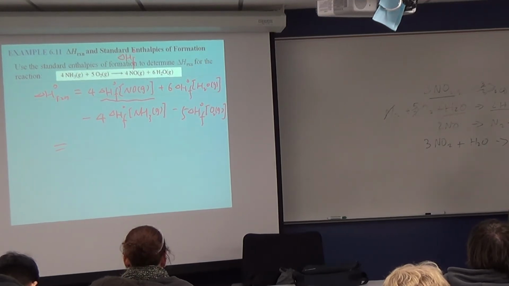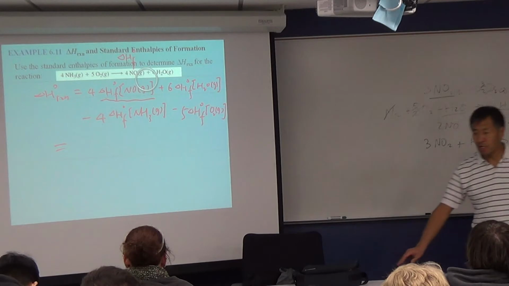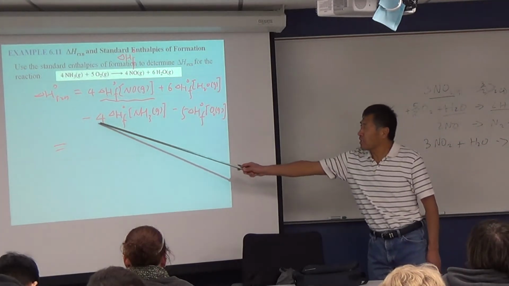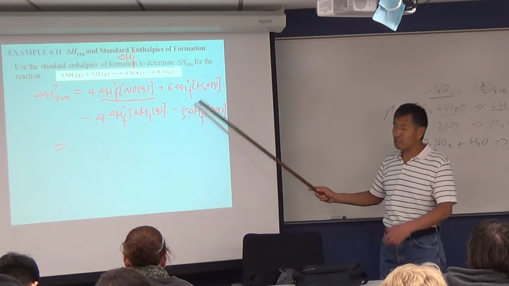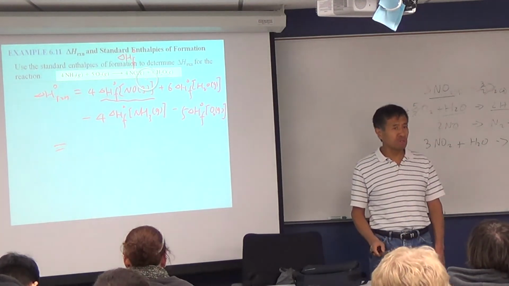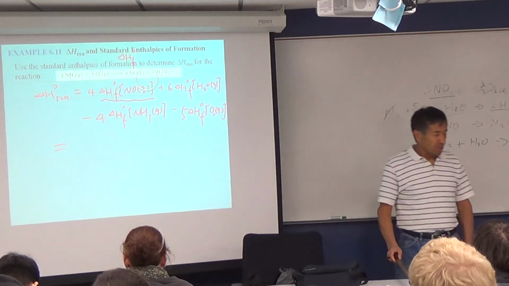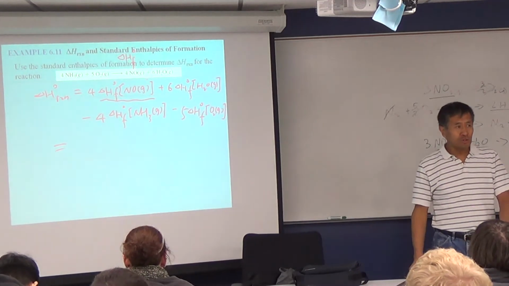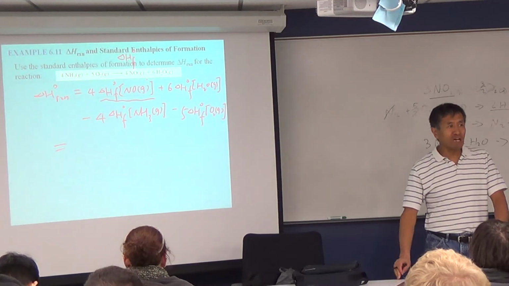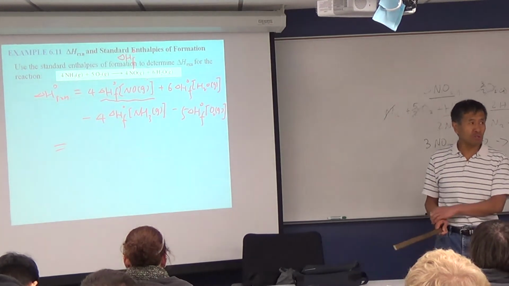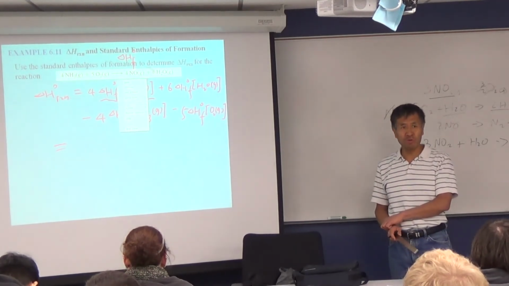Then if I give you those numbers, just substitute into the equation. Now here what I did is subtracting, which is the same as adding the negative. Everything is straightforward, but be careful, sometimes the book or exam questions might trick you a little bit.